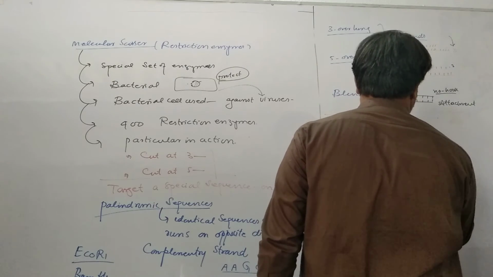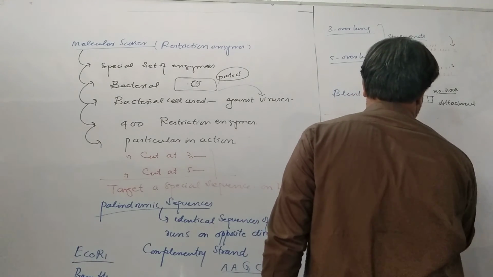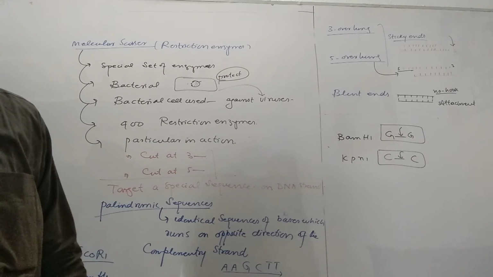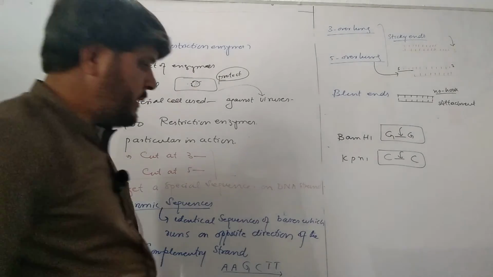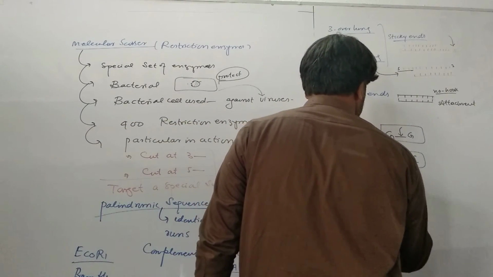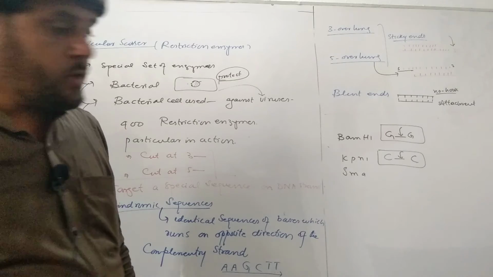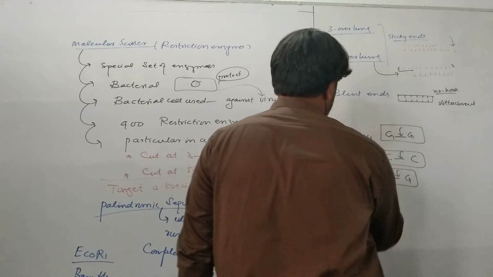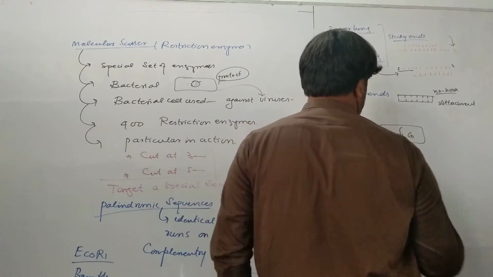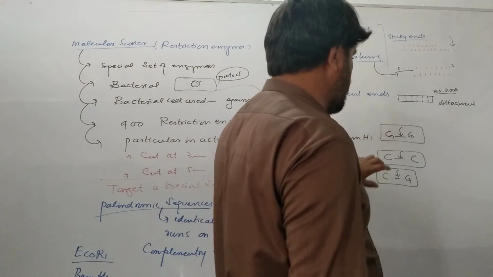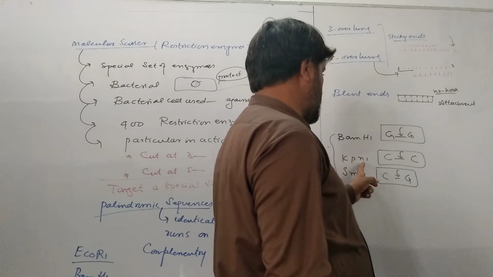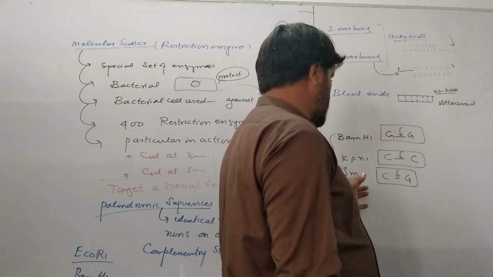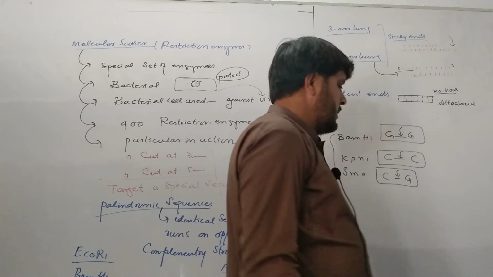SmaI makes a cut between CG. These are the restriction enzymes. BamH1 always has a special restriction site which is present between guanines. KpnI always cuts between cytosines. SmaI is a particular enzyme, it makes a cut in CG sequences.